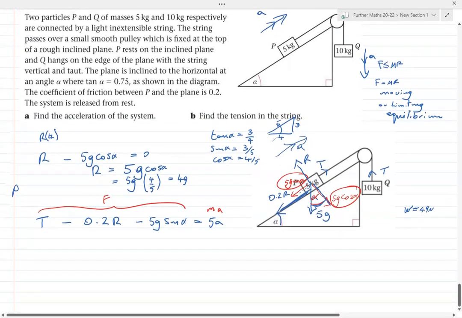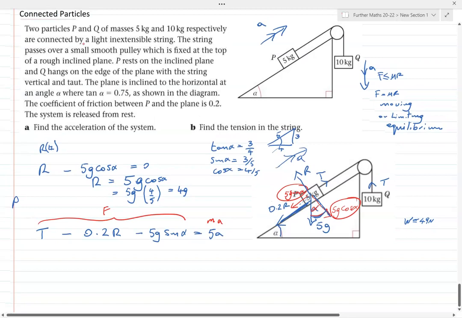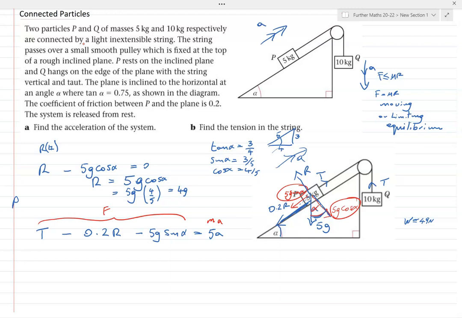I think it might be useful to combine these two now, because we know that R is equal to 4g. This is my frictional force. It is unfortunate sometimes that F is used for different things. That's frictional force, 0.2R, or friction, mu R. So we can put in our value for 4g, and we can also say that sine alpha is 3/5 from this point.